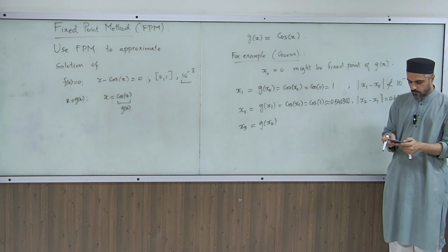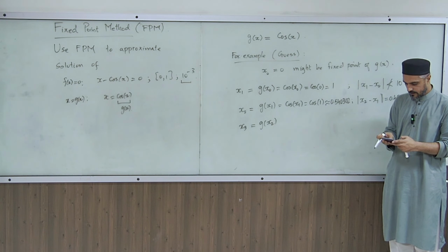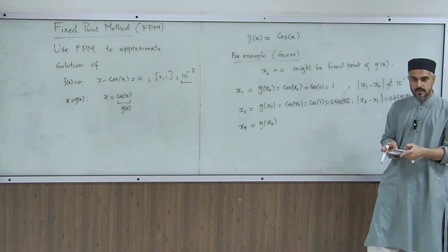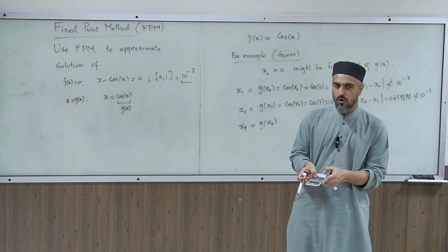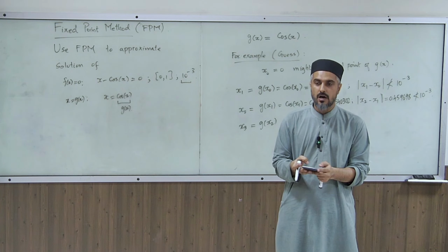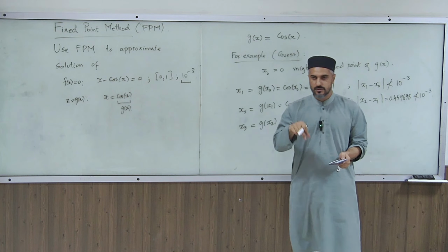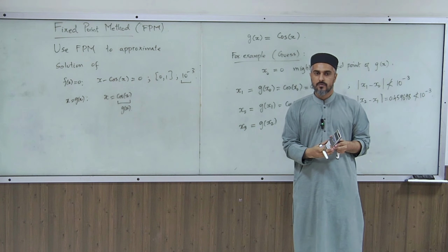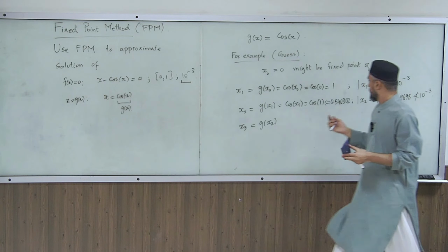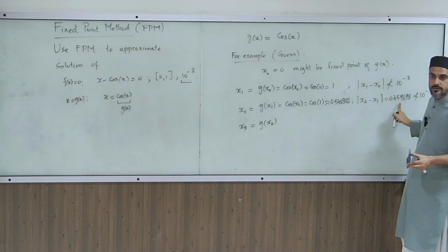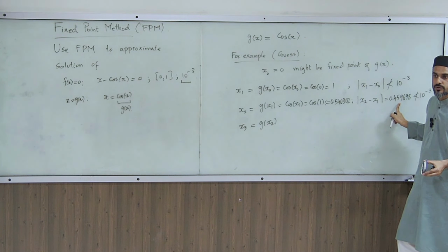What I can do is, in the calculator, write cos of answer. You can use the keyword Answer on your calculators in the exam, because this is the number that your calculator is showing at this time, which is stored in Answer.